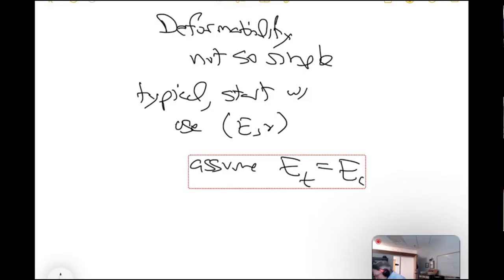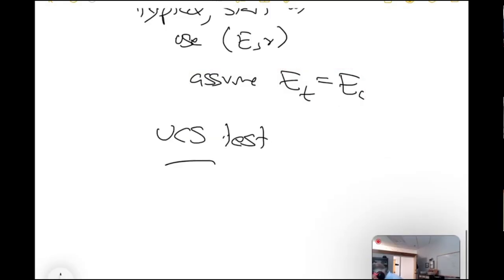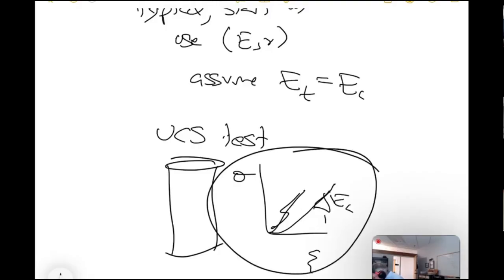So that means typically what we would do is a UCS test. That is the test that people always do in rock because it's easy. And if you do a UCS test, you get stress strain. It actually does this. And you go to here and you get the slope, and that's EC. And that's what you use.